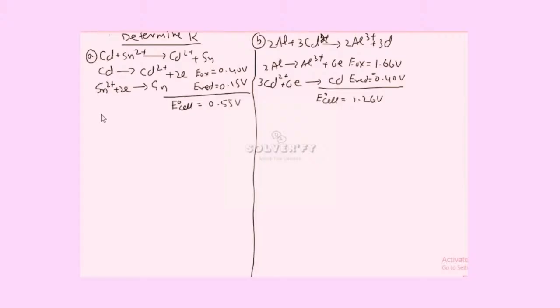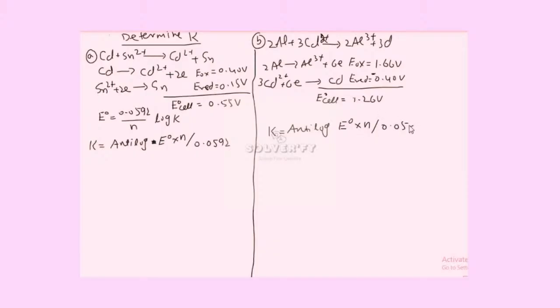As we know, E naught of the cell is equal to 0.0592 divided by n into log of K. Rearranging the equation, K is equal to antilog of E naught n divided by 0.0592.